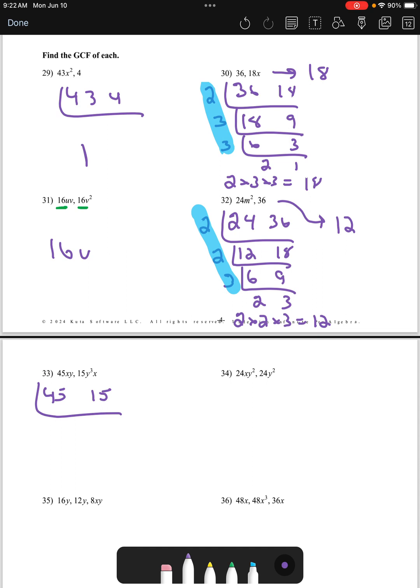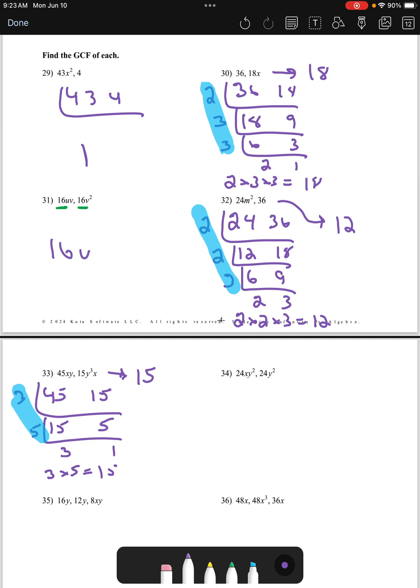For number 33, our numbers are not the same, so we do need to do our work. These will not both divide by 2, because they're not even, but they will divide by 3, giving us 15 and 5. Those will both divide by 5, giving us 3 and 1. GCF pulls just the outside numbers, so 3 times 5 is 15.